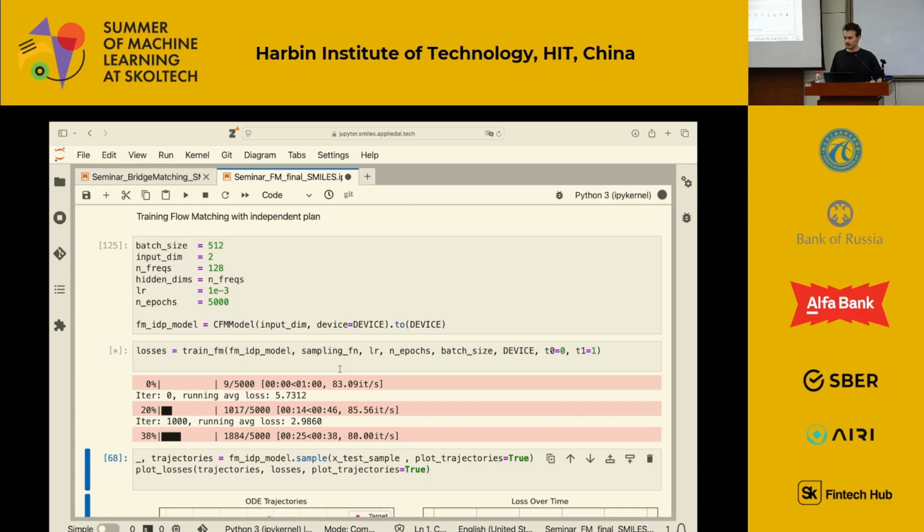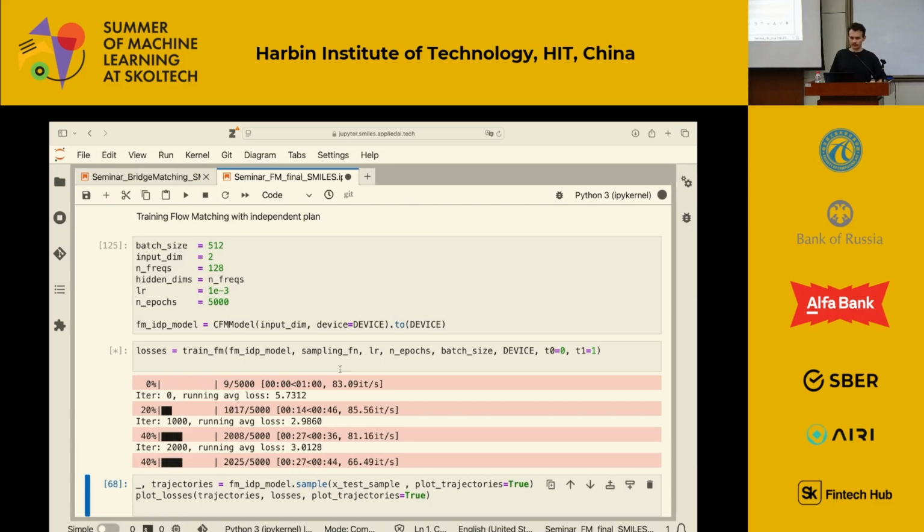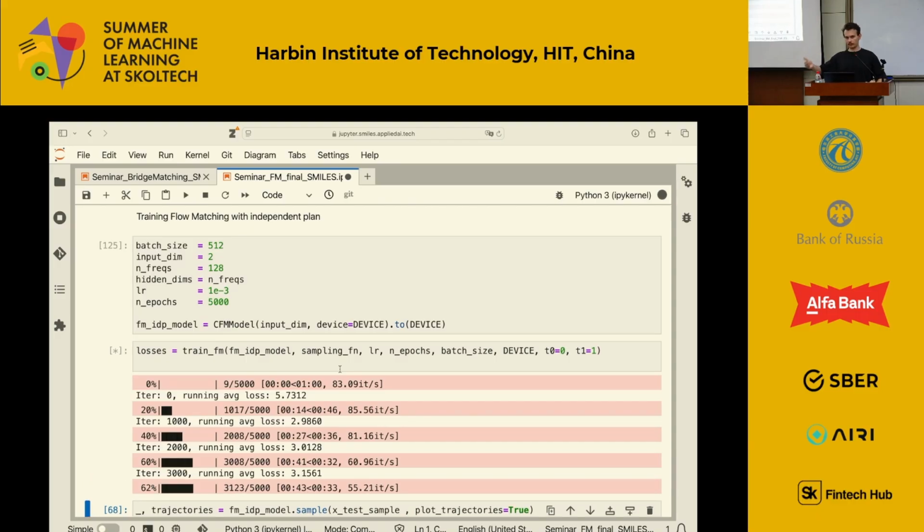So there exist many heuristics that try to think about some other transport plan that will leverage flow matching, which is better, because the flow matching that you train depends on the transport plan. So if you use different transport plans between distributions P0 and P1, you will get totally different flow matching. And yeah, I will actually show you it here, because we'll use two other data plans.